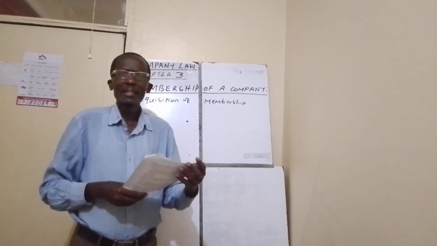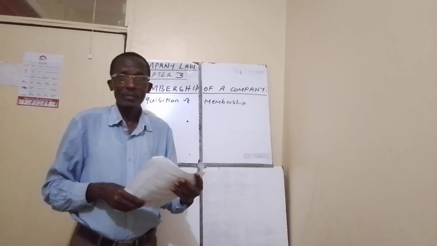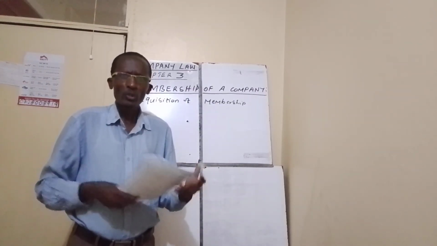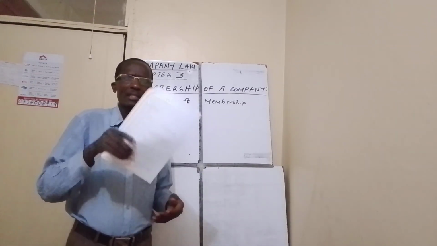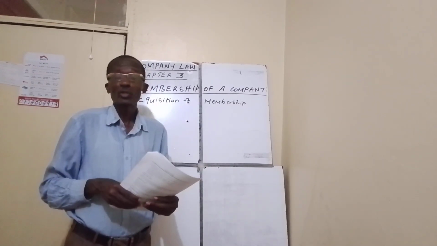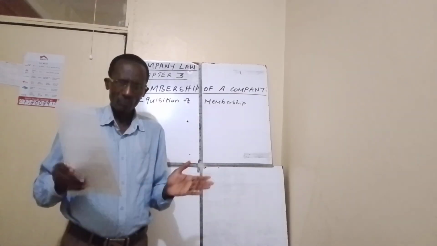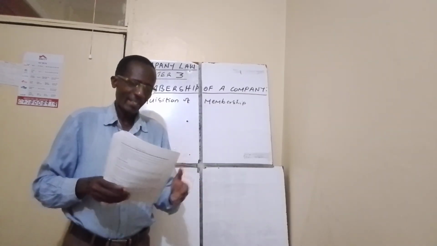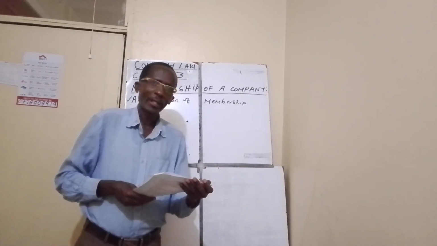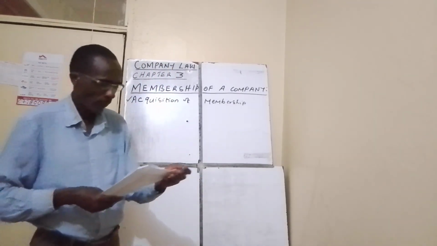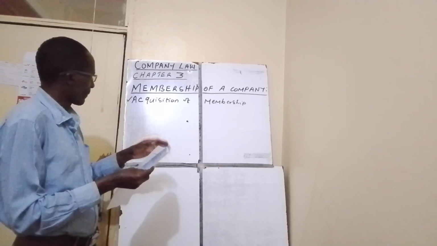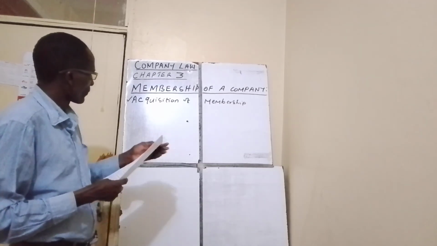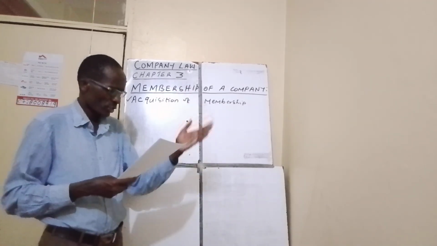Somebody may rely on that information that you are a member. So in that case, you are a member simply because your name is in the register, whereas in actual sense, you are not a member. So in that case, you are a member by estoppel. So that is the ways of acquiring membership.